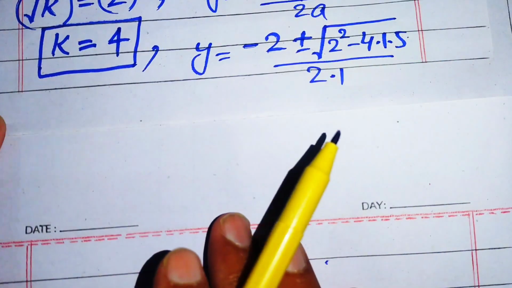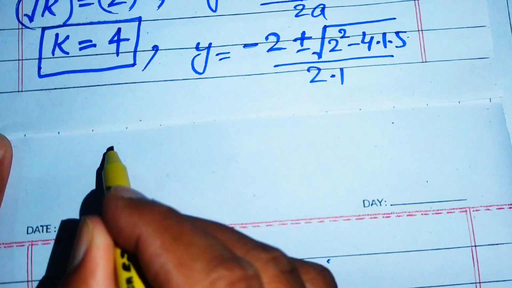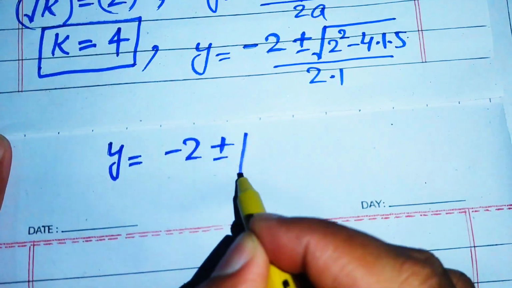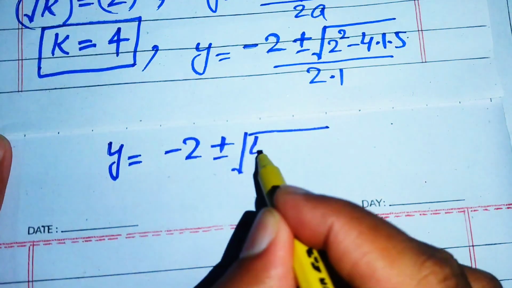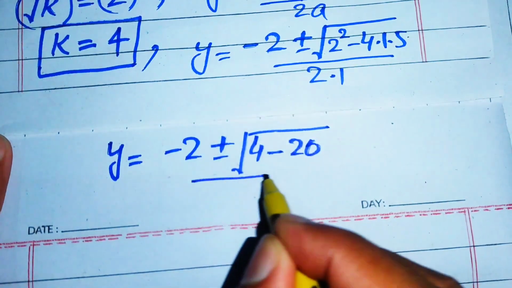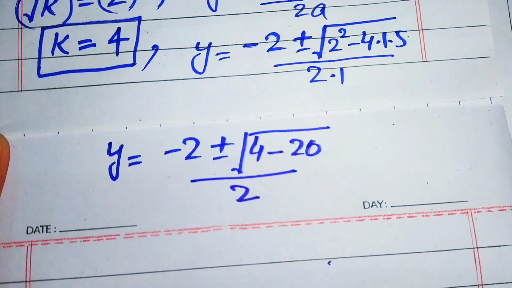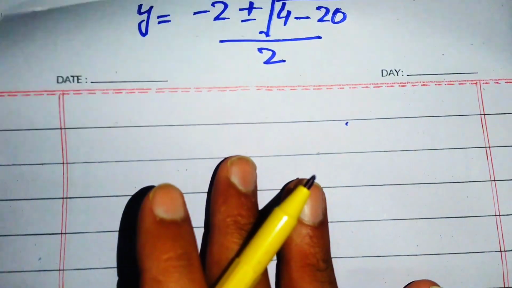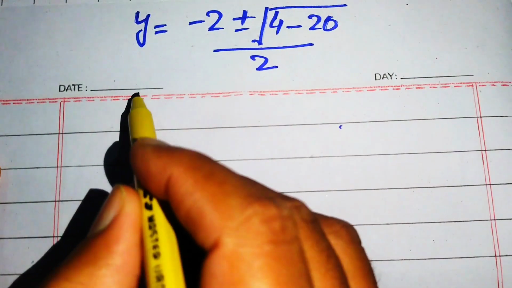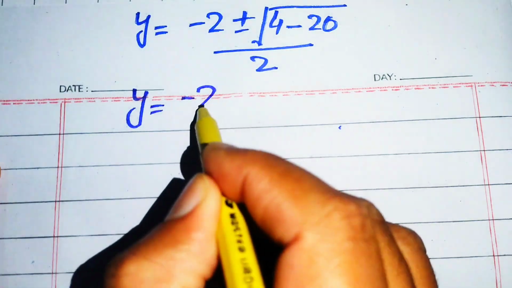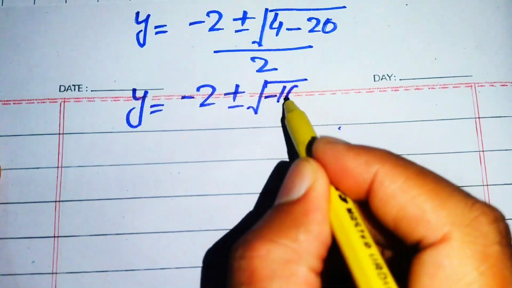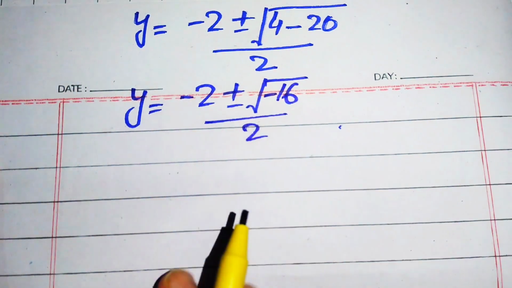So here we need some simplification on this quadratic formula, and we get y equals minus 2 plus minus square root of 2 square. So 2 square is 4, minus 4 times 5 becomes 20, and this whole divided by 2 times 1 is 2. And now further we need more simplification, and we have y equals minus 2 plus minus square root of 4 minus 20 becomes minus 16, divided by 2.